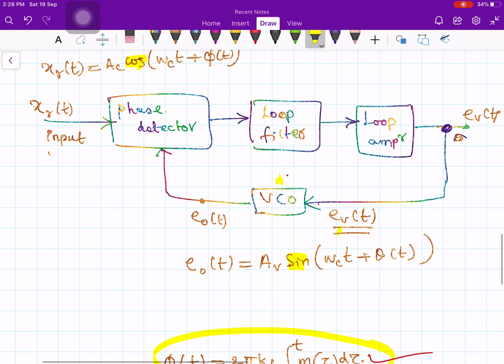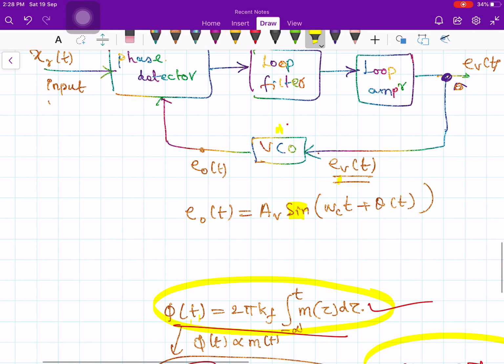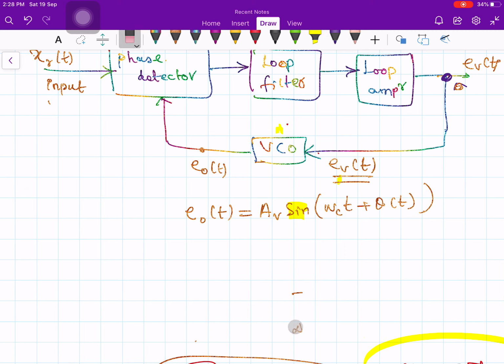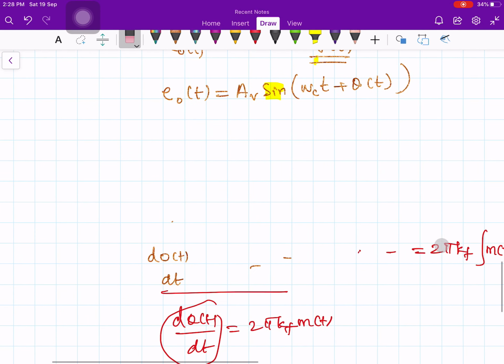First of all, the first question one would like to ask is, how do we realize the phase detector? Okay, that is the realization of your phase detector.